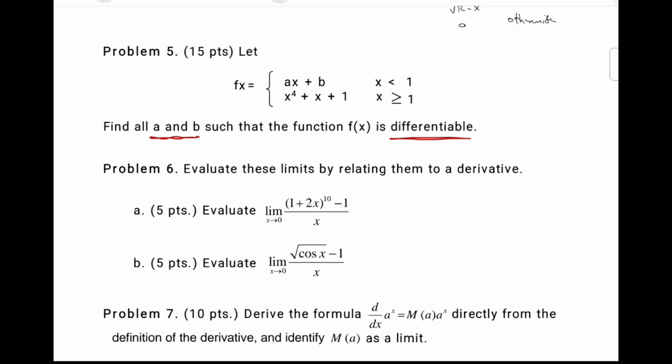So what are the conditions for a function to be differentiable? It has to be continuous at every point.